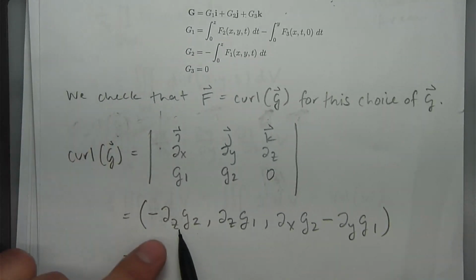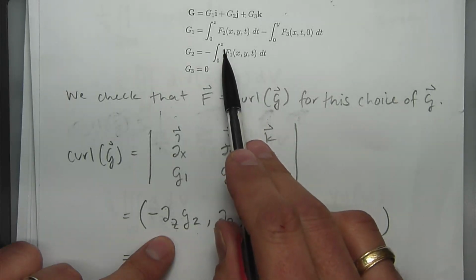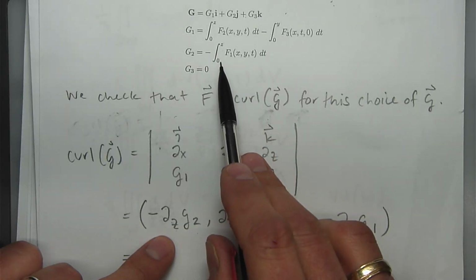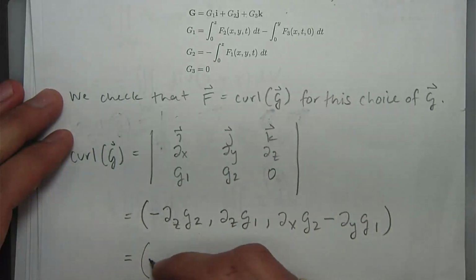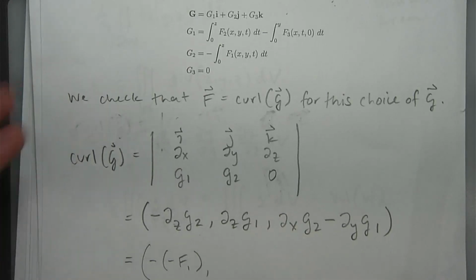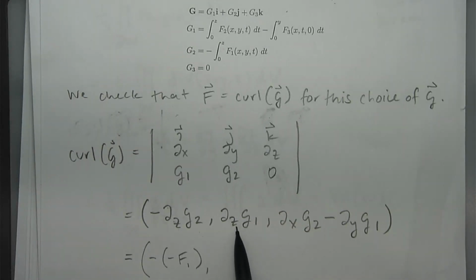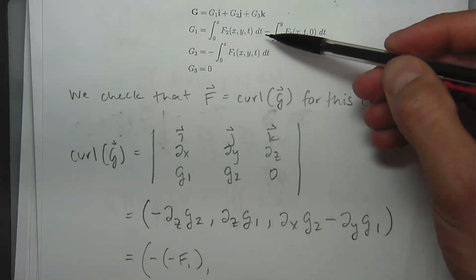Right, so we go back to the recipe and we say, okay, what's the derivative of G2 with respect to Z? Well, it will be minus F1. What's the derivative of G1 with respect to Z?